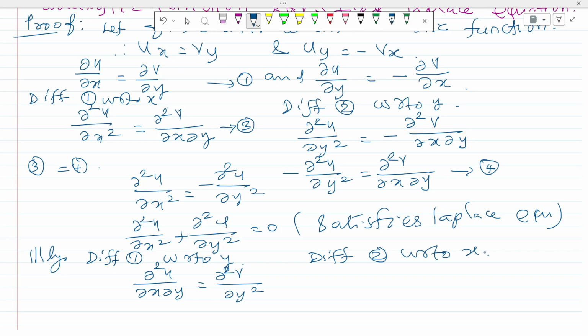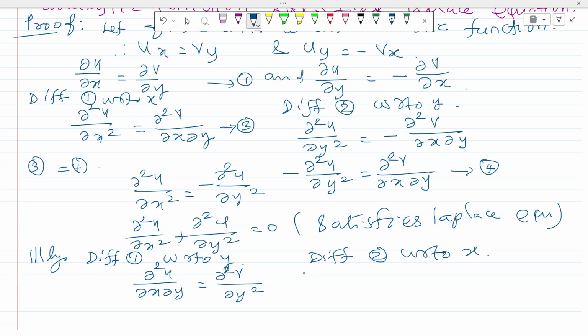Similarly, differentiate 2 with respect to x. Listen, what is the first case? In the first case, we differentiated 1 with respect to x and 2 with respect to y. Now we are changing. Differentiate 1 with respect to y, differentiate 2 with respect to x. Then what you get?